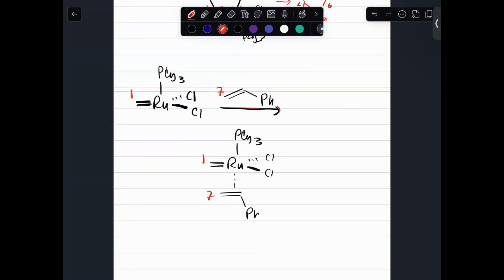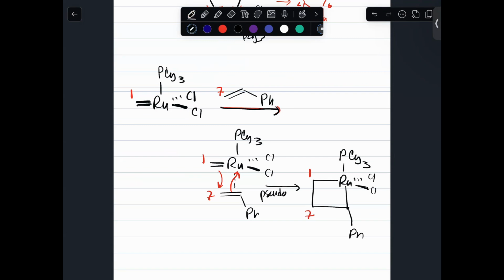It does its pseudo-migratory insertion. Notice that the ruthenium adds to the more substituted carbon. I did my pseudo-migratory insertion.